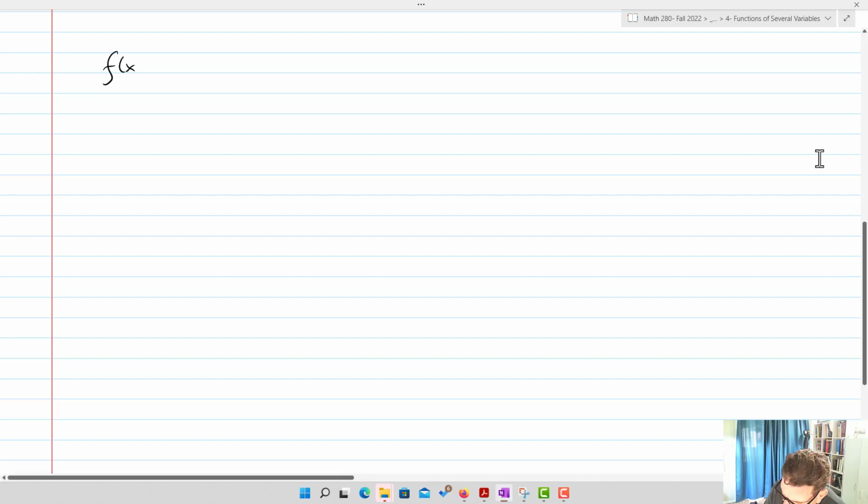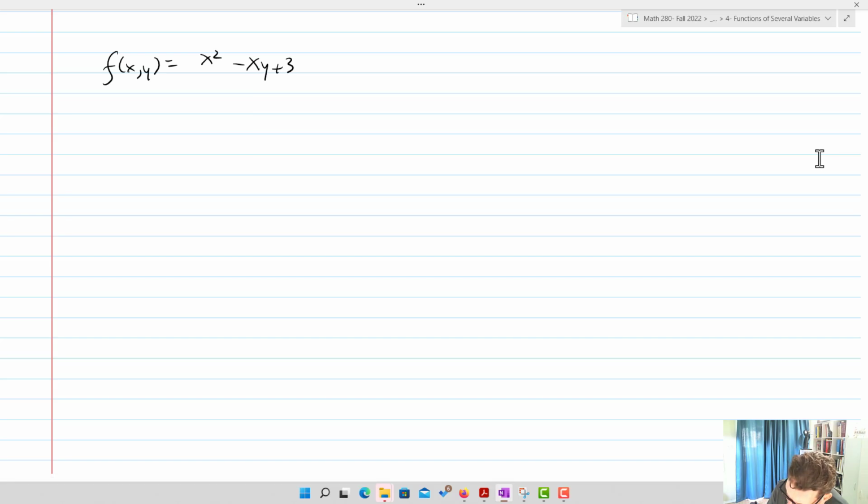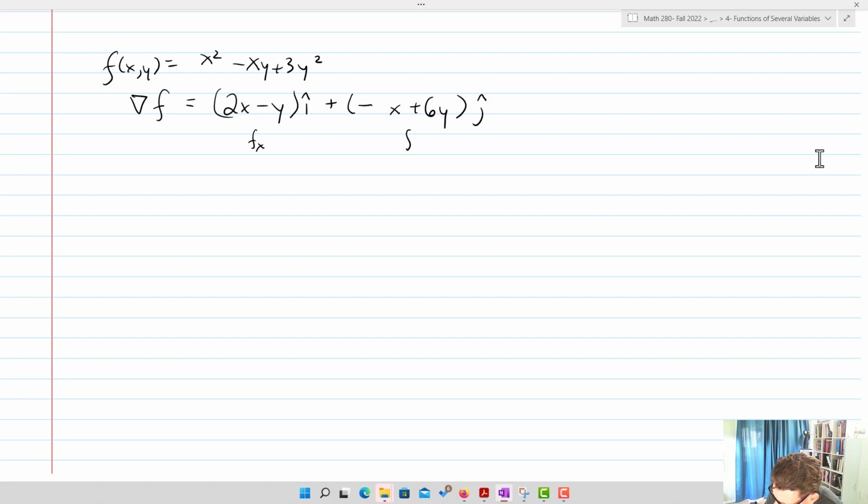Suppose we have an example now, and we'll have f of x,y equal x squared minus xy plus 3y squared. So grad of f, which is how we're going to write this, is going to equal 2x minus y, i, plus negative x plus 6y, j. Notice this is fx, this is fy, and there is the grad.